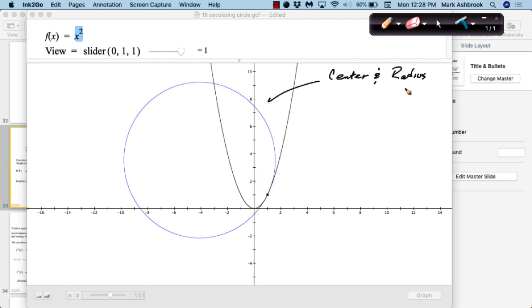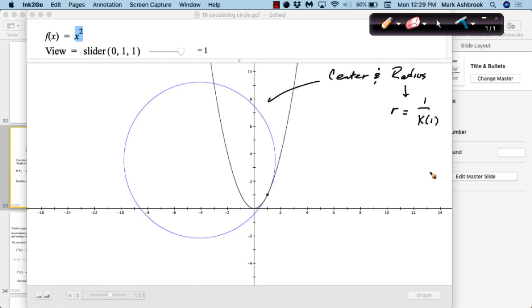How are we going to get the radius? Right, so we're going to get the curvature of the function at this point, and then do what to it? 1 over. So the radius is going to be 1 over the curvature, kappa of x, at x equals 1.